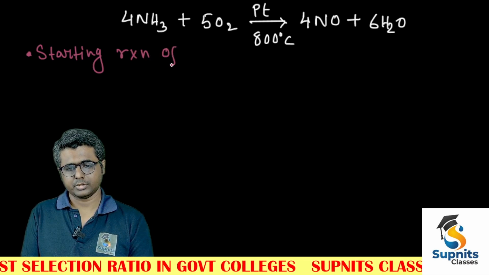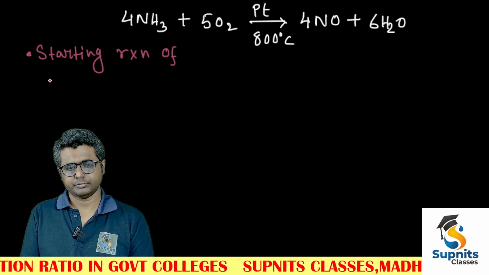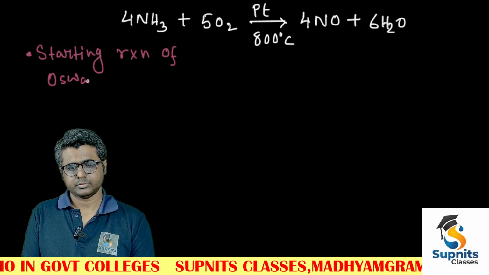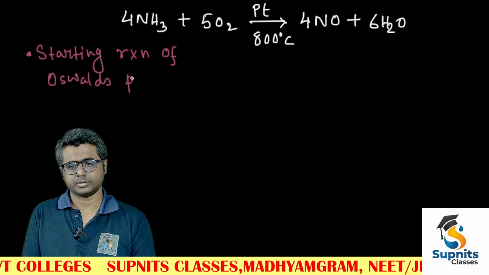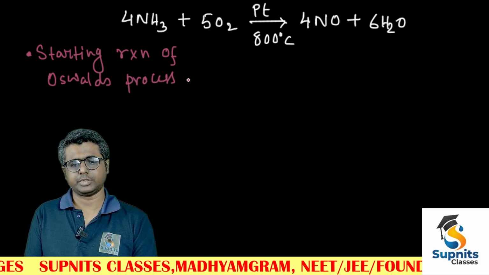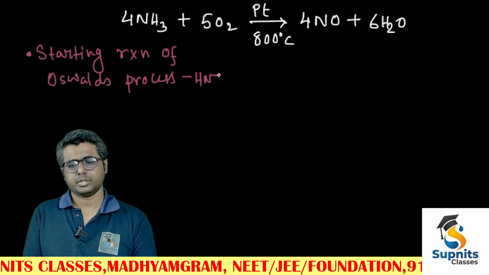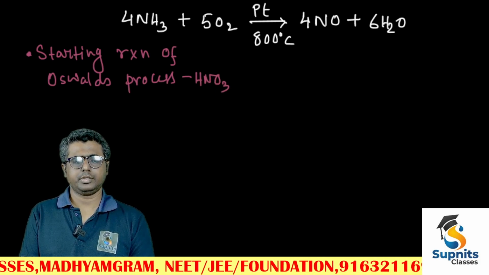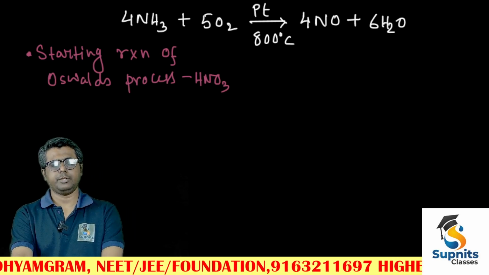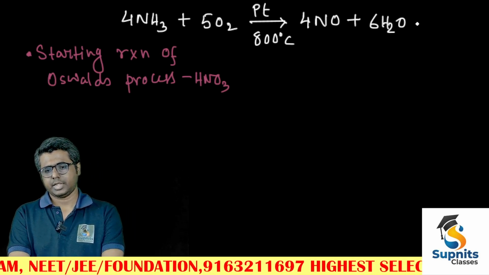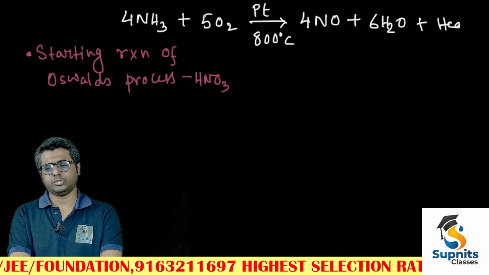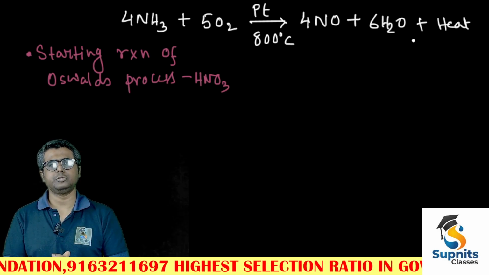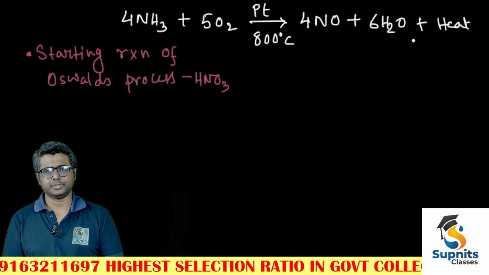Starting reaction of Ostwald's process, and by Ostwald process what do we manufacture? We manufacture HNO3. Here one of the very important observations is, as this reaction is an exothermic reaction, the platinum which you give as a catalyst continues to glow.